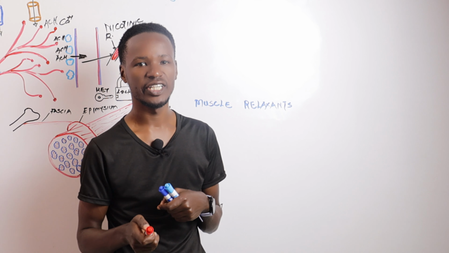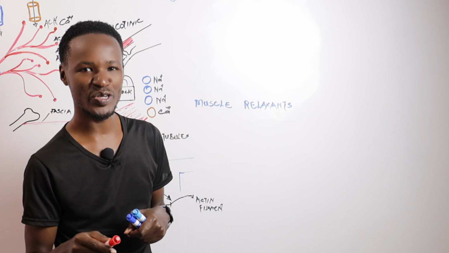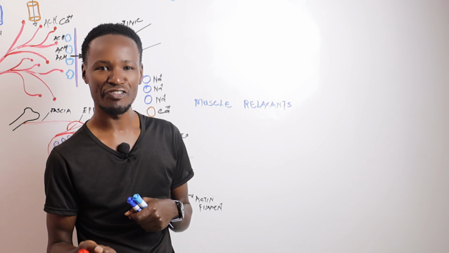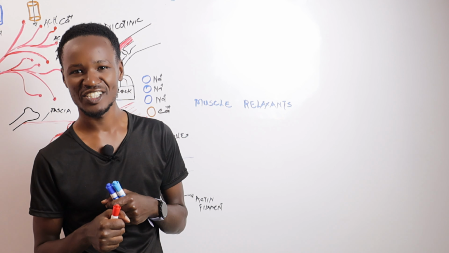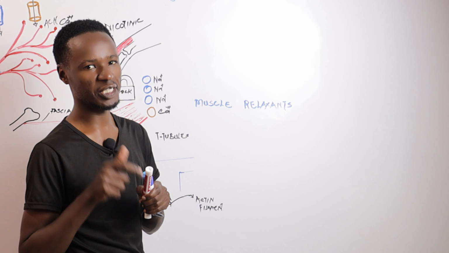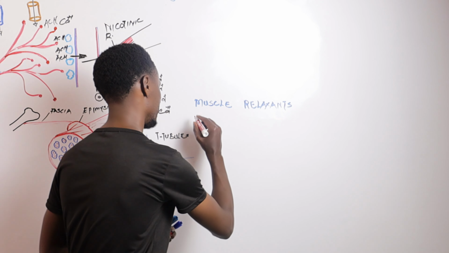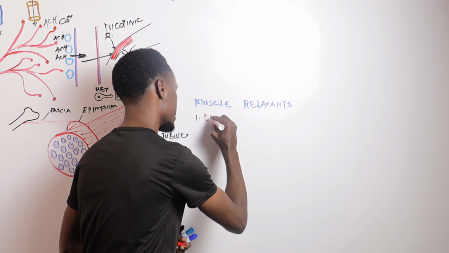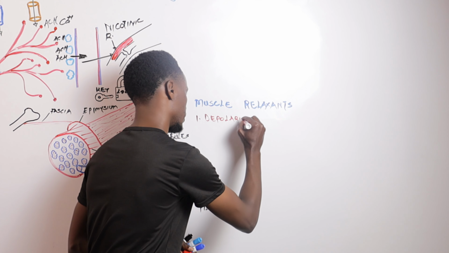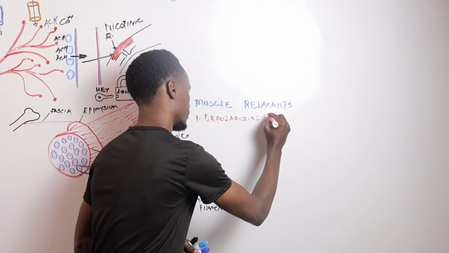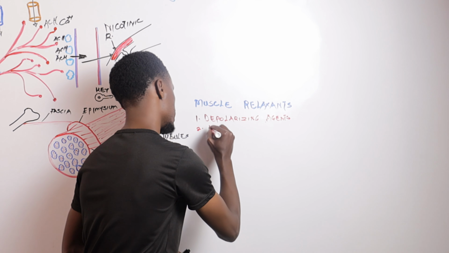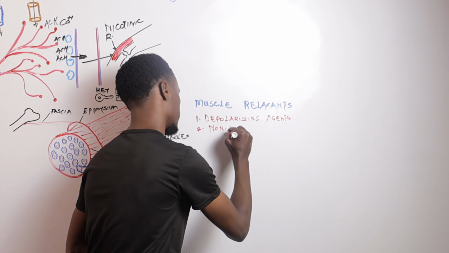And so these medications work on stopping the muscles from contracting, and thus make the surgical operation easier. So we have got two types of them. We have got the depolarizing agents and non-depolarizing agents.